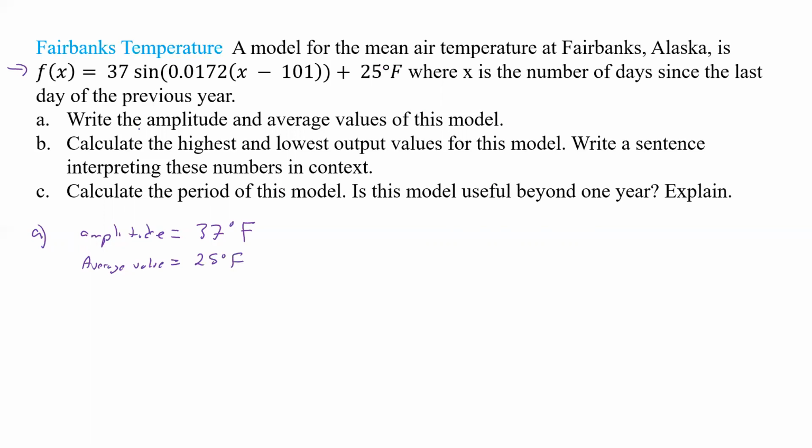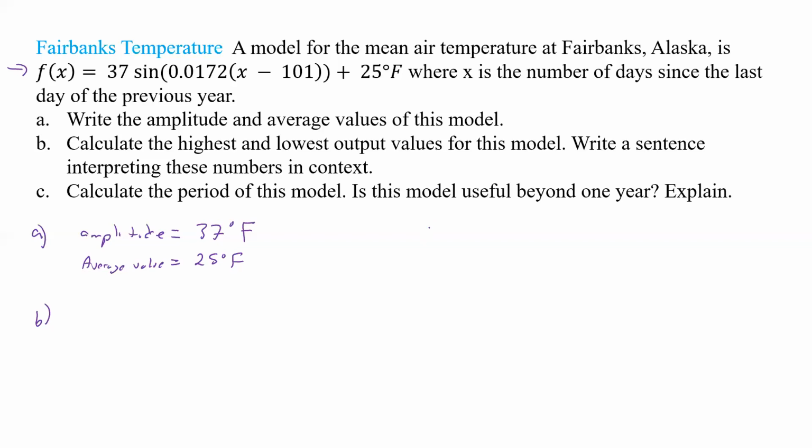Okay. Now B, calculate the highest and lowest output values for this model. Okay, so what's the highest it can be? Well, if the highest value is going to be in here, it's going to be basically our 37. Oh wait, we're going to have the output values.